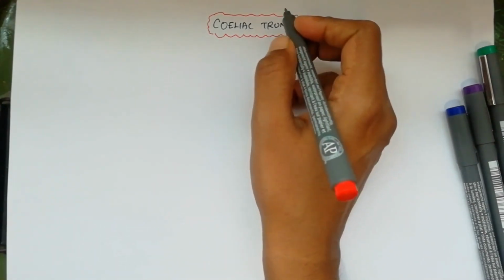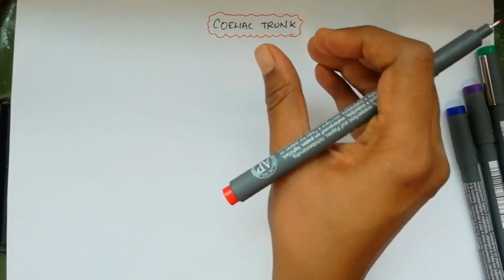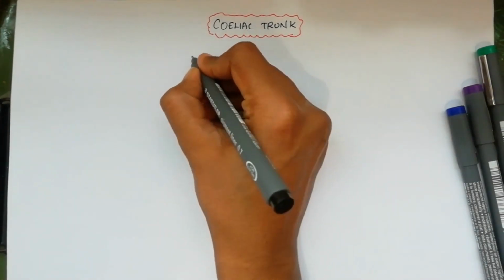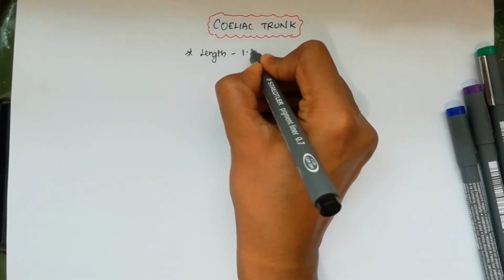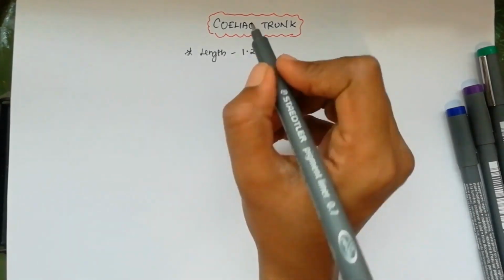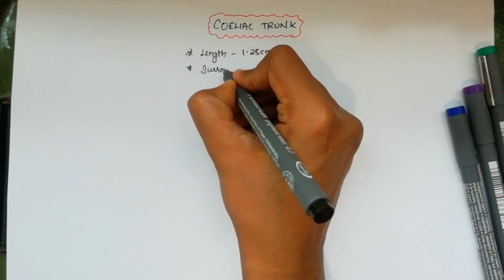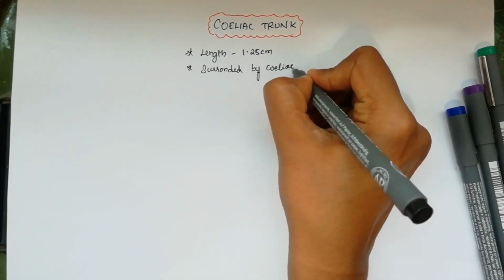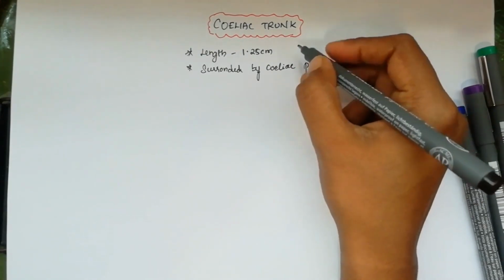It has its own special characteristics: it is a short wide vessel, a short tube with a length of only about 1.25 centimeter, and it is surrounded by the celiac plexus, which we have already seen in relation to the abdominal aorta in the anterior aspect.